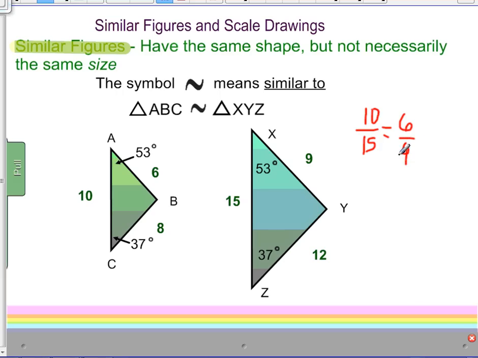If I were to cross multiply these, 10 times 9 would be 90, and 15 times 6 would be 90. Because these two are equal, that means this figure is proportional and similar.